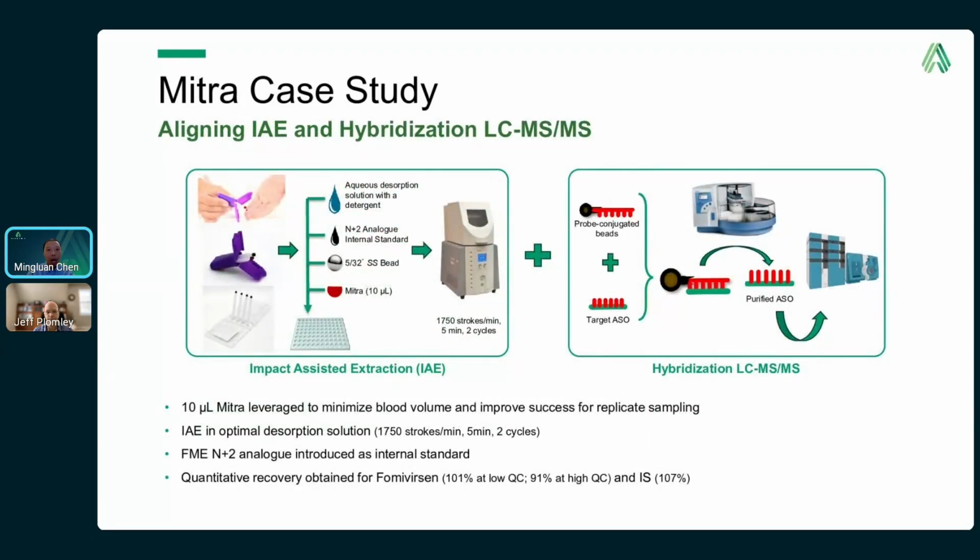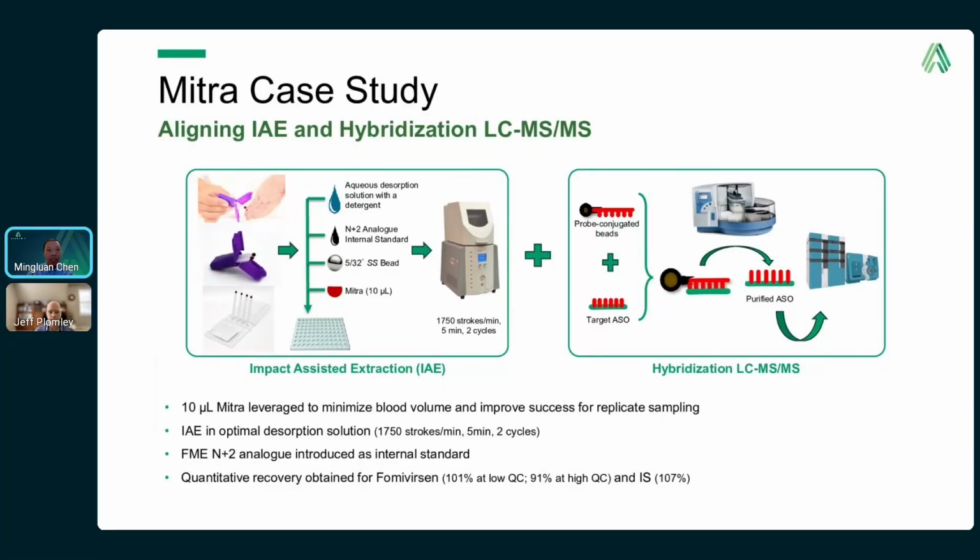Here we show how extraction from the Mitchell microsamples is integrated into the hybridization LC-MS workflow. First, 10 microliter Mitchell dried blood microsamples are placed in a 96-well plate. The N+2 analog of Formiversen is added as an internal standard to check the variabilities during the microsample extraction and the hybridization.